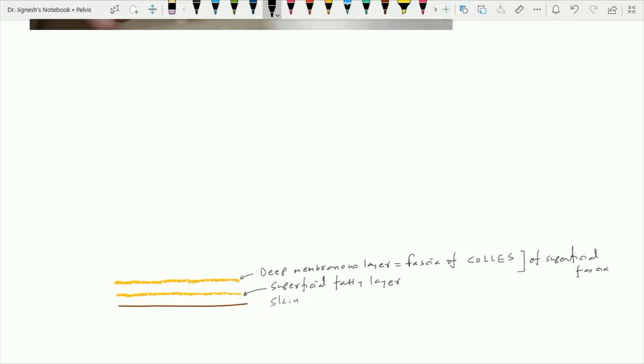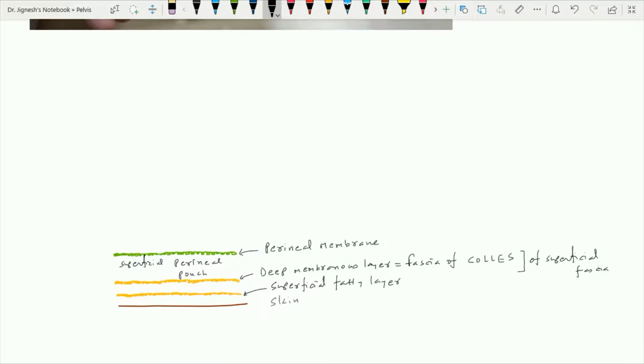Now when we see just deep to this deep membranous layer, or the fascia of Colles, which is actually part of the superficial fascia, we find the content of the superficial perineal pouch, and the lower limit of the superficial perineal pouch is bounded by one membrane, and that membrane is called the perineal membrane.